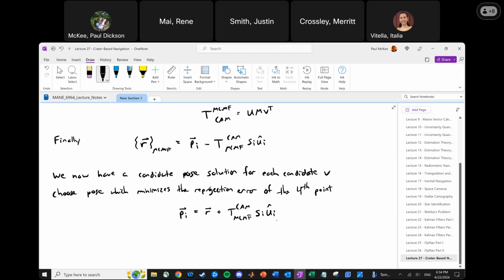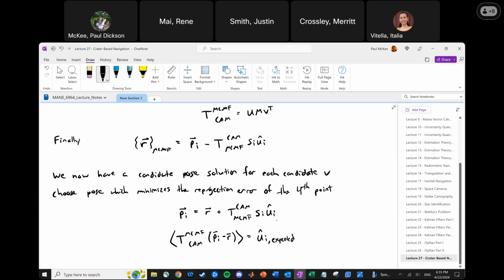Well, then if we rework this, we can say T from MCMF to camera of Pi minus R, and then normalize that whole thing. That's Ui. So this is how we would compute Ui expected.